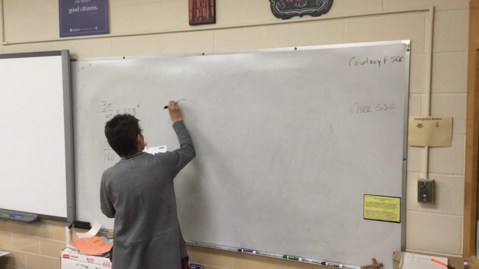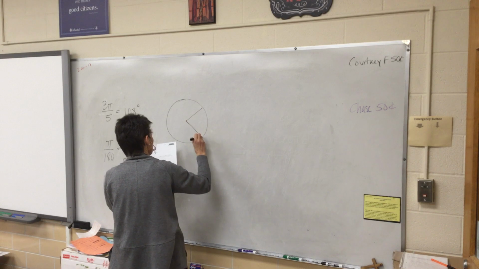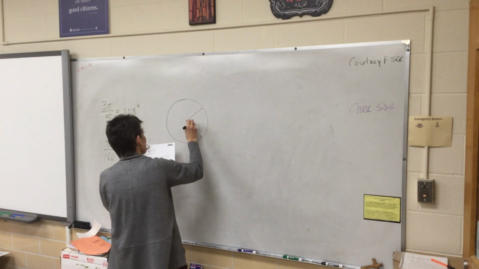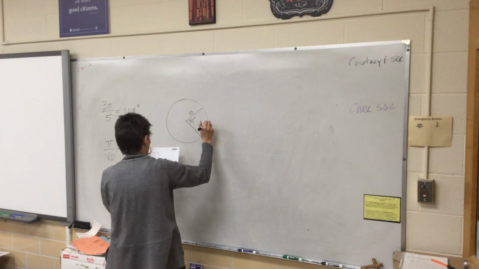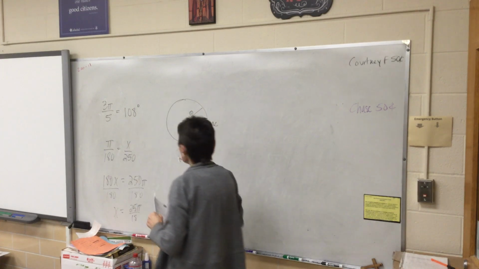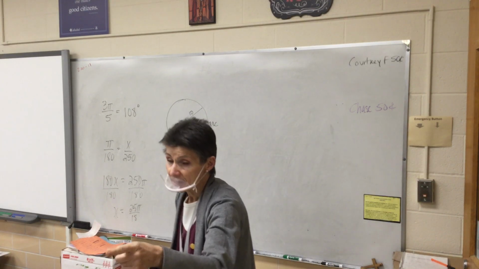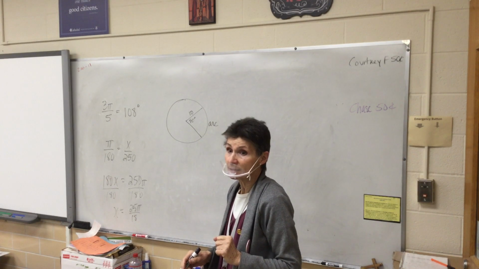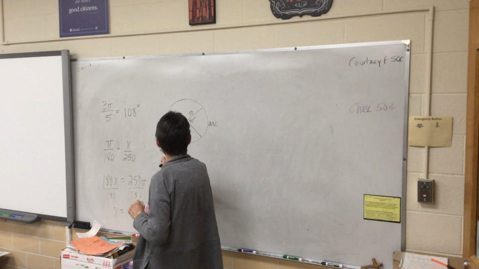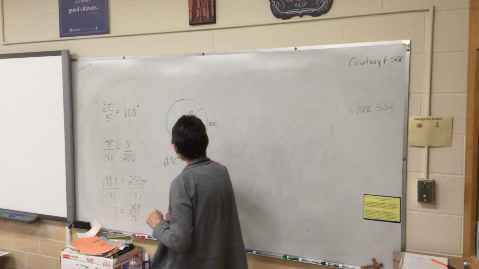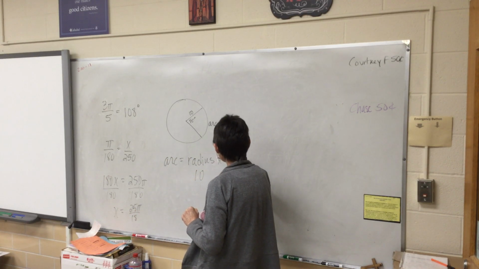This next one is also a quiz question, but this is a little harder. The quiz question won't be this hard. What makes this problem hard? Can anybody tell me? The angle is not in radians. Remember, to use our formula, we have to take the radius, which is 10, times the radians.